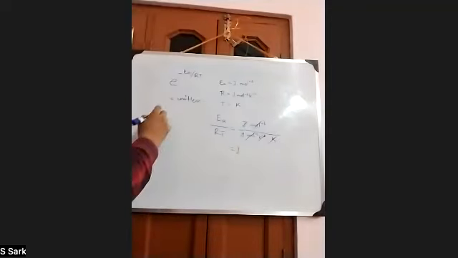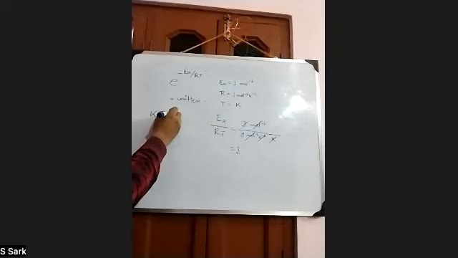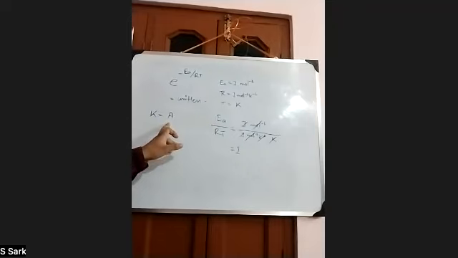So the unit of K equals the unit of A, our pre-exponential factor. Whatever the order of the reaction is, the unit of the rate constant will be the unit of the pre-exponential factor.